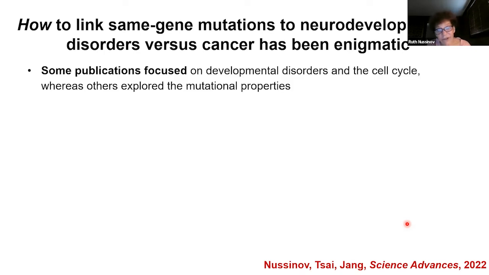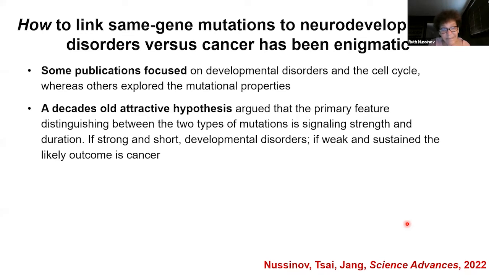Some publications focused on the developmental disorders and cell cycle, whereas others explored mutational properties. A decades-old attractive hypothesis argued that the primary feature distinguishing between the two types of mutations is signaling strength and duration. If strong and short, developmental disorders. If weak and sustained, the likely outcome is cancer.